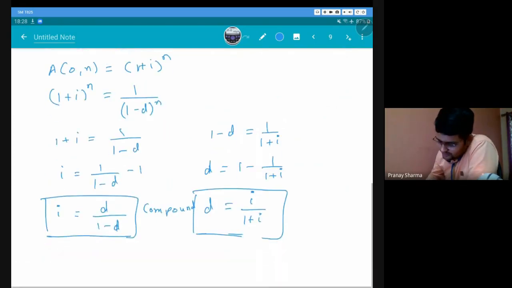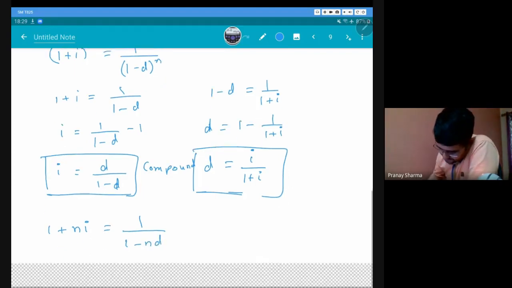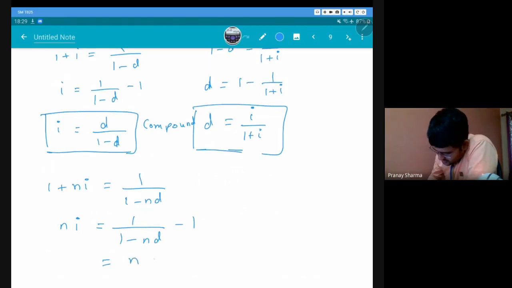If I calculate for simple, I will have 1 + n·i = 1/(1 - n·d). So n·i = 1/(1 - n·d) - 1. This becomes nd/(1 - nd) = n·i, or i = d/(1 - nd).